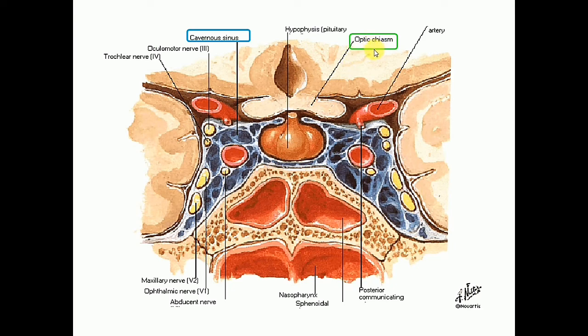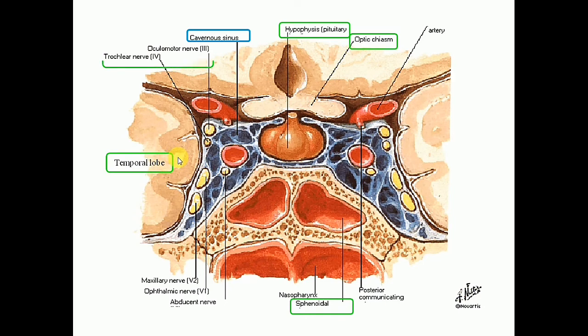In addition to that, olfactory tract, internal carotid artery and anterior perforated substance. Medially, there will be pituitary gland, as we can see here, the hypophysis cerebri, and there will be sphenoidal air sinus. Laterally will be the temporal lobe with uncus, as we can see here.